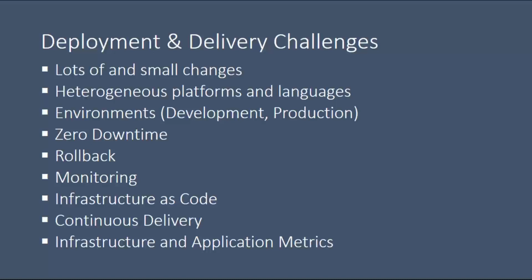You want zero downtime, rollback capabilities, monitoring, infrastructure as code, and continuous delivery. Infrastructure and application metrics are also required from your apps. So these are some of the challenges that we face in today's global world where things are heterogeneous. You don't have developers sitting in just one room and doing everything right there in front of your eyes.